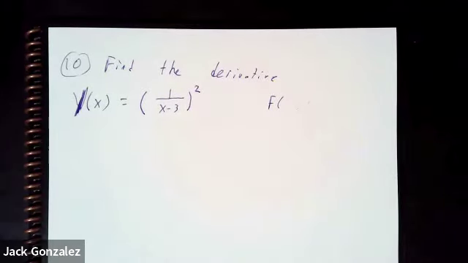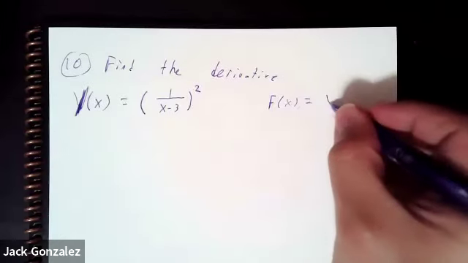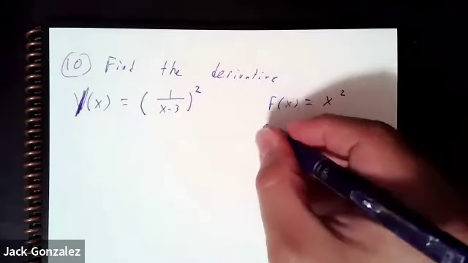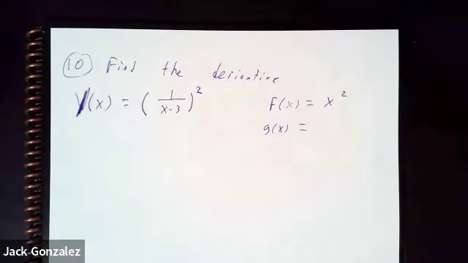X squared. Yeah, it's just going to be x squared. The inner part is going to be what? 1/(x-3).